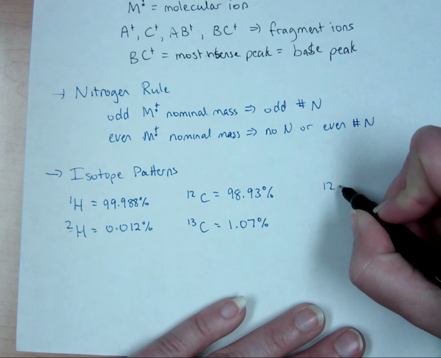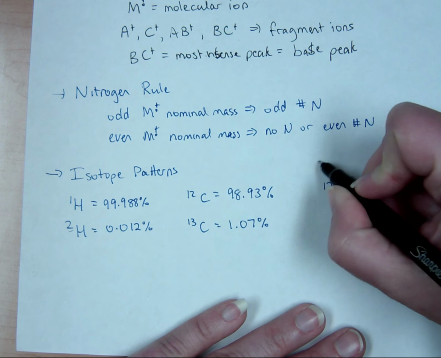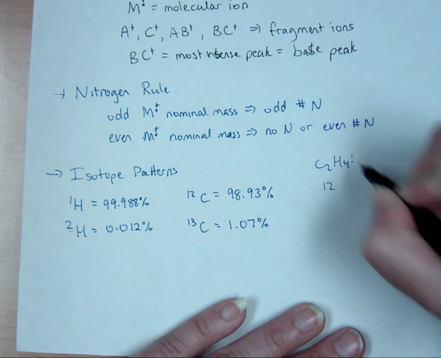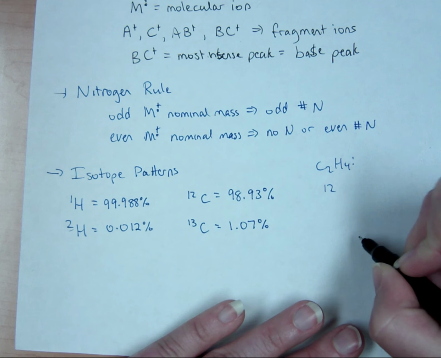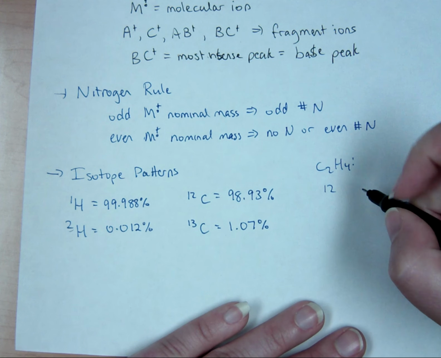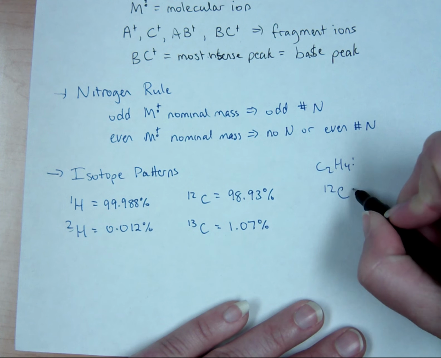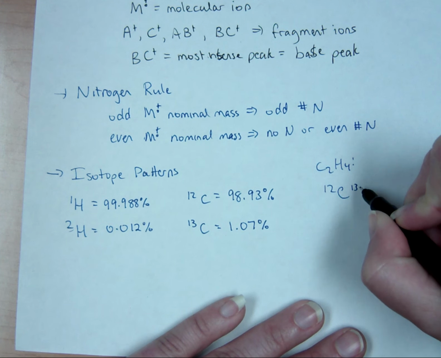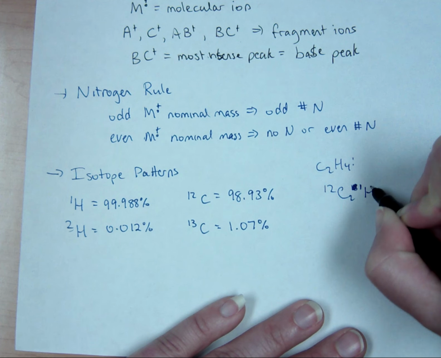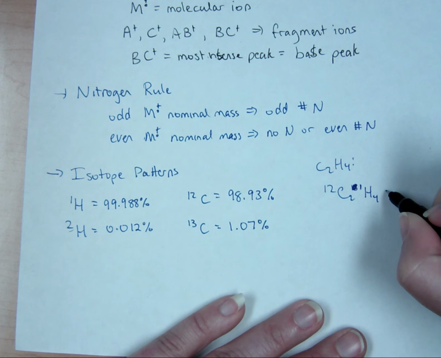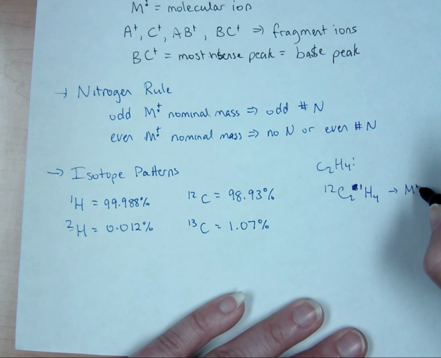And so let's just take C2H4 as an example, our ethene molecule. In this case, we could have all carbon 12s and all hydrogen 1s, and this would lead us to our M dot plus.